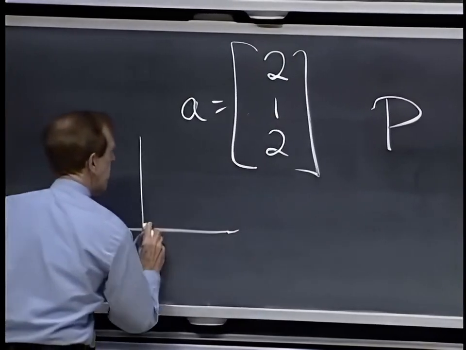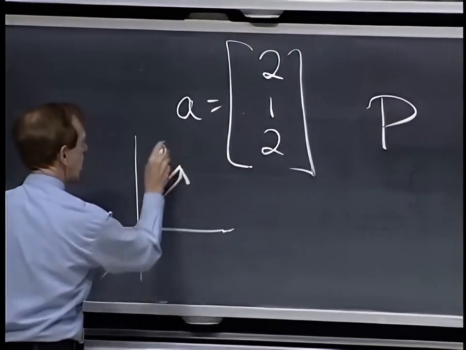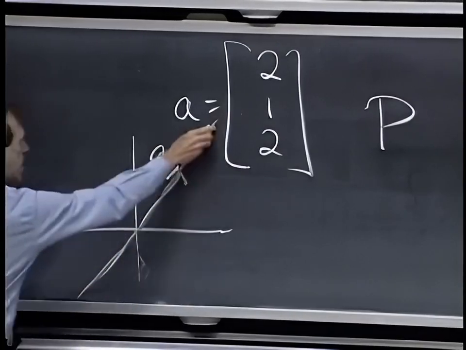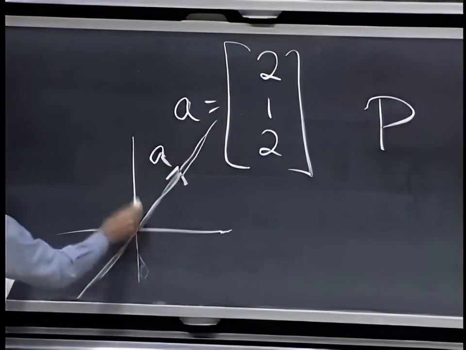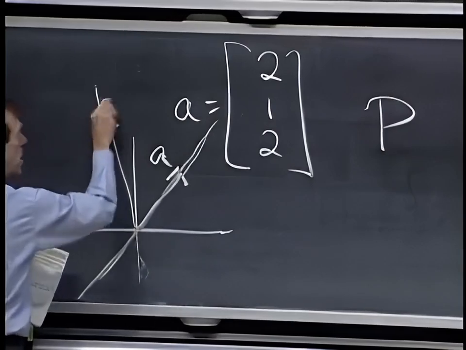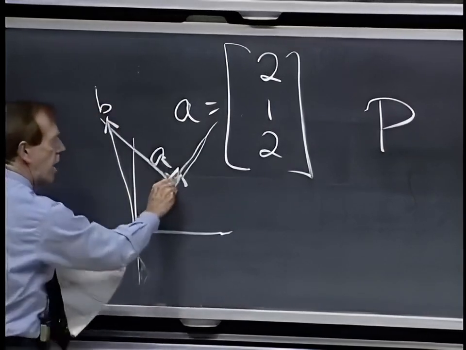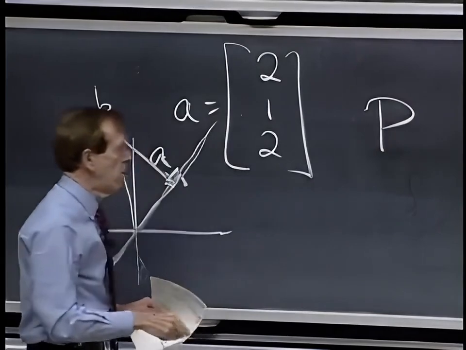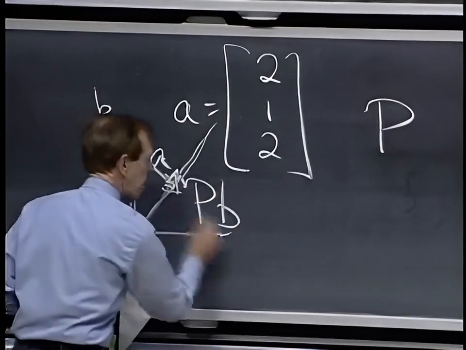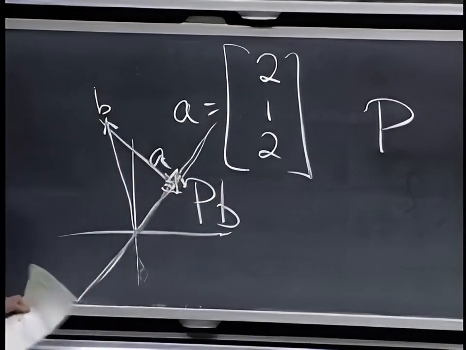There's the vector a, 2, 1, 2. Let me draw the whole line through it. And I want to project any vector b onto that line. And I'm looking for the projection matrix. The projection matrix is the matrix that I multiply b by to get here.